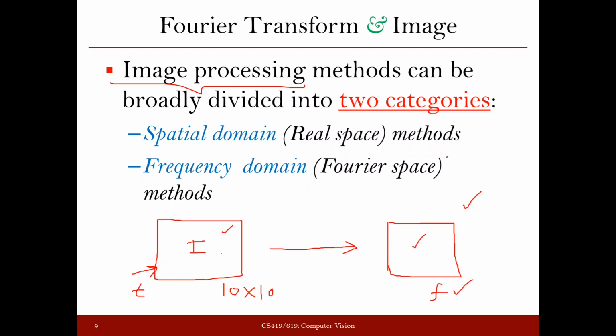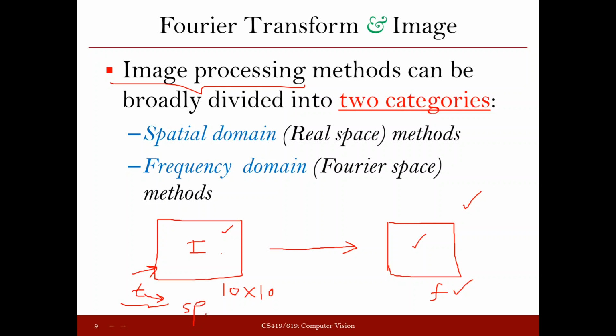But in case of images, we normally use the word spatial domain. So for the time domain, we will call it the spatial domain here. We will see later why we say spatial domain.